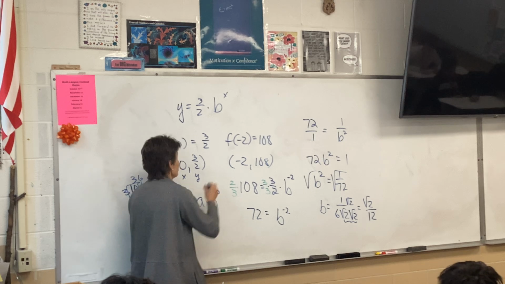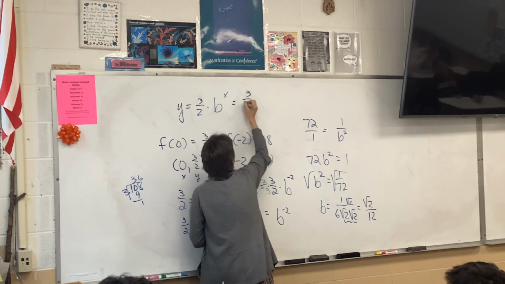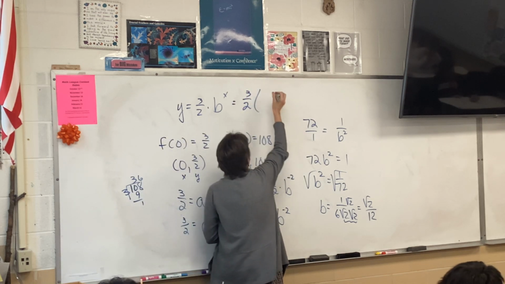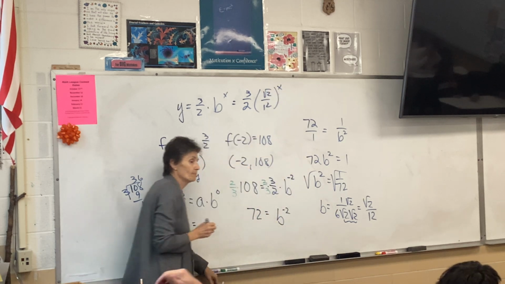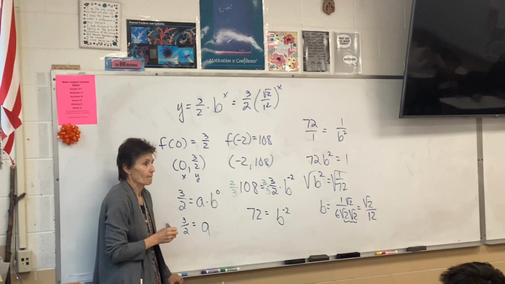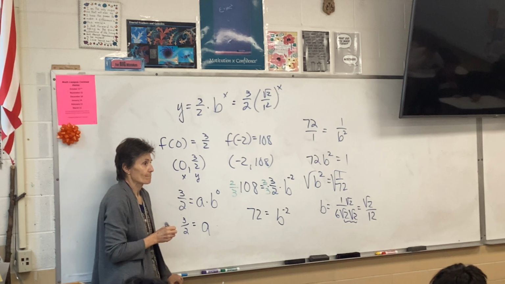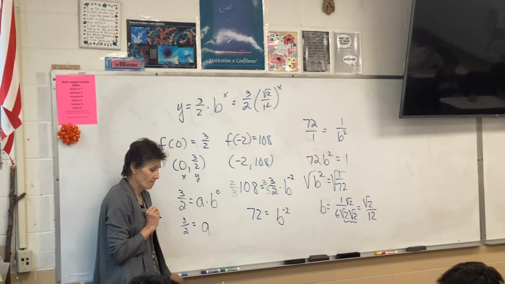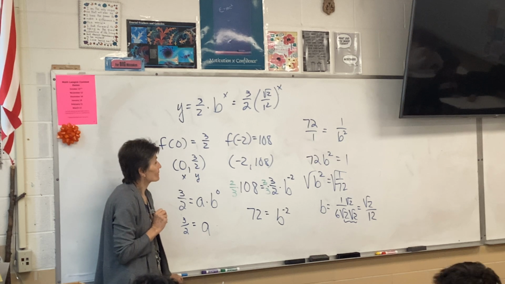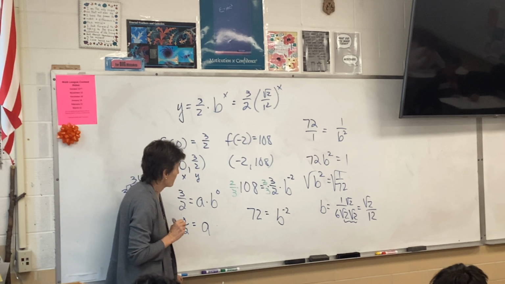Well, that's not very pleasant. Like 3/2 times root 2 over 12 to the x. When I made up that problem, I did a terrible job. Usually they're not that yucky looking.